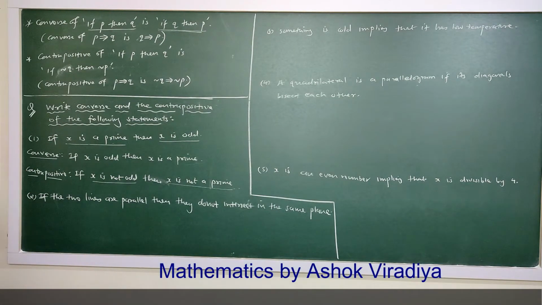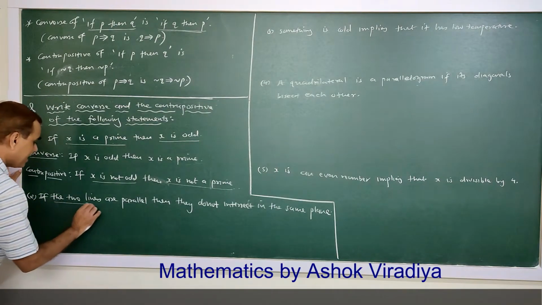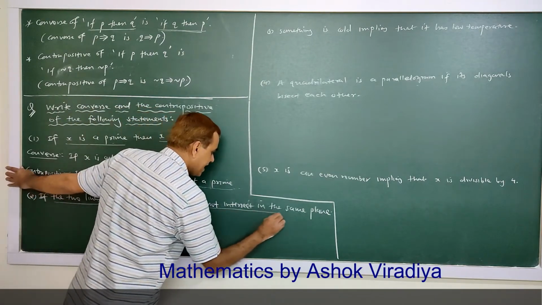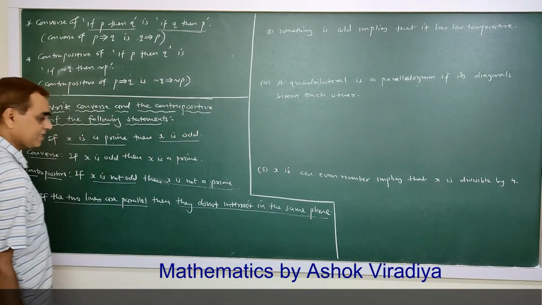Now the second example, if two lines are parallel then they do not intersect in the same plane.